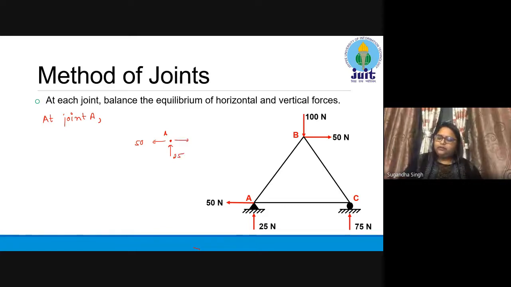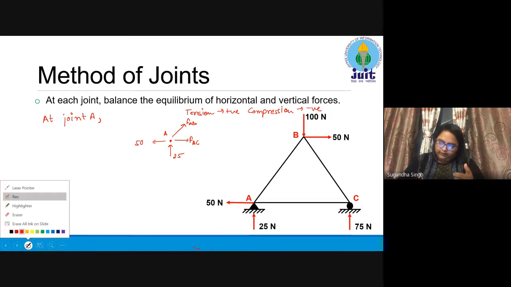In this direction, assuming that tensile forces are positive and compressive forces are negative, we start with the assumption that all the members are in tension. This is member stress of member AC and member AB. The angle between AB and AC is 45 degrees.